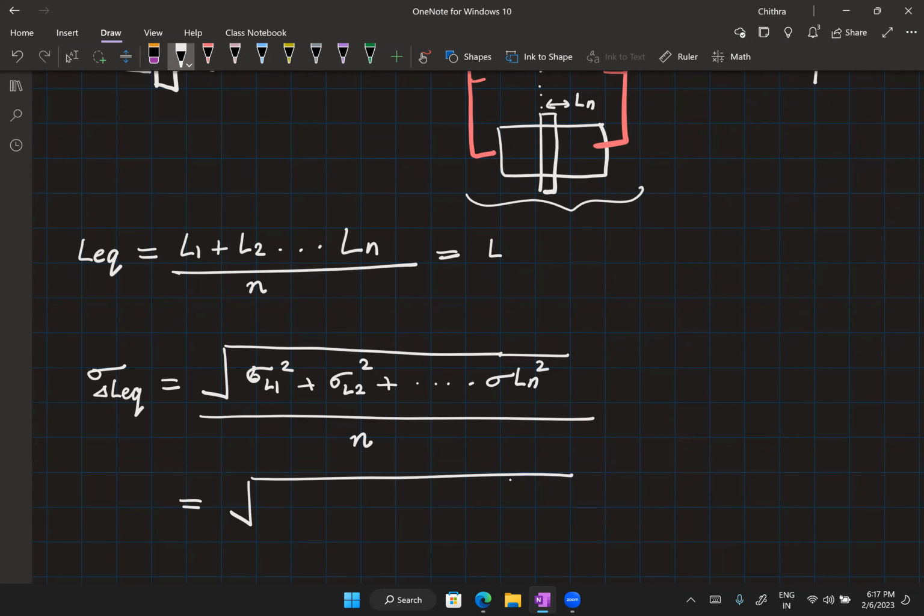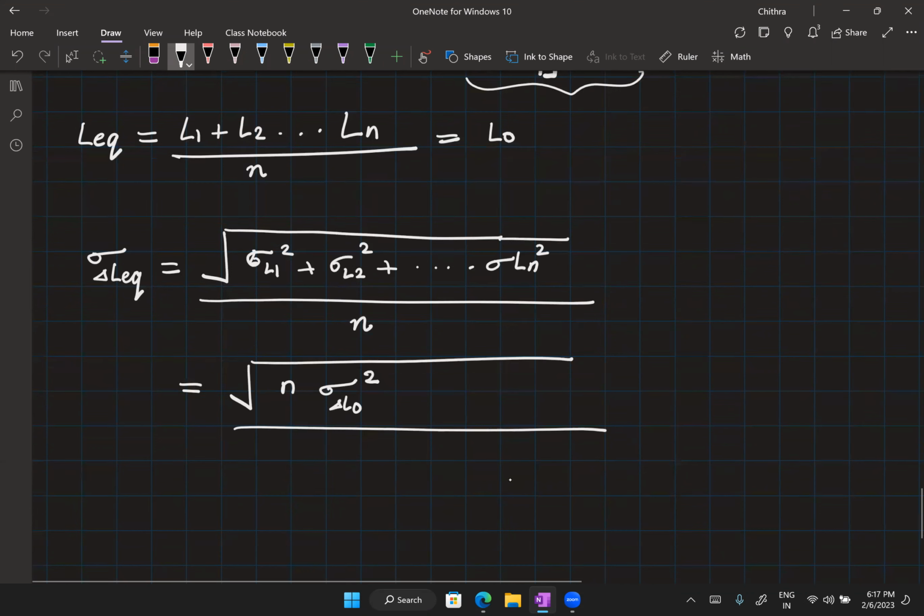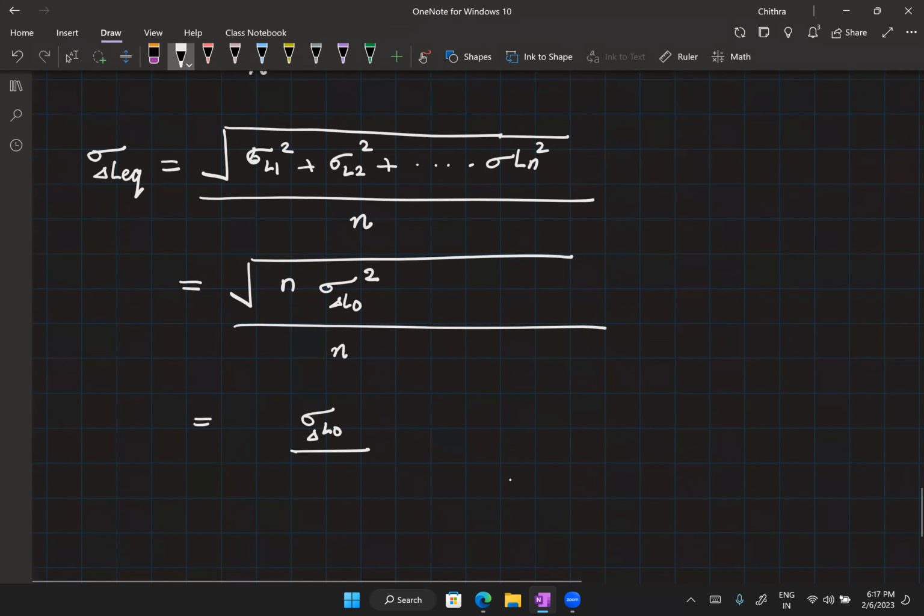So this becomes N into sigma of whatever was the standard deviation associated with the transistor with length L0, divided by N. So this gives us sigma of L0 square. Yeah, I'll take the root as well. So this divided by root N.